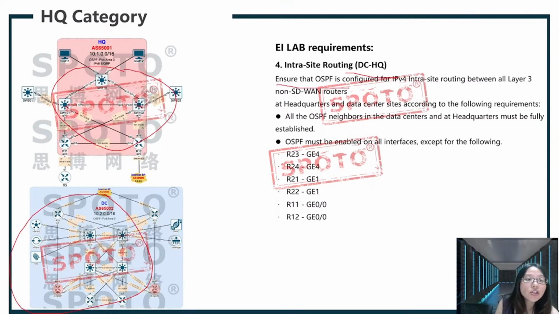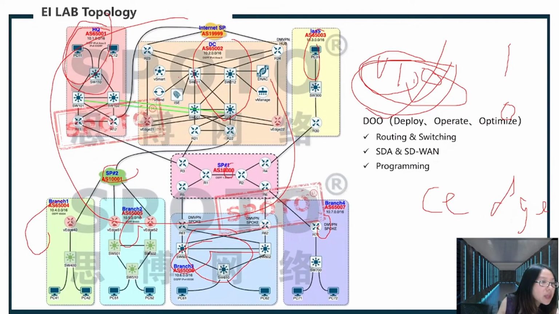So we need to ensure that OSPF is configured for IPv4 intra-site routing between all layer 3 non-SD1 routers at headquarters and the DC data center according to the forwarding requirement. All the OSPF neighbors in the DC and the HQ must be fully established. So we need to configure the OSPF between DC and the HQ.